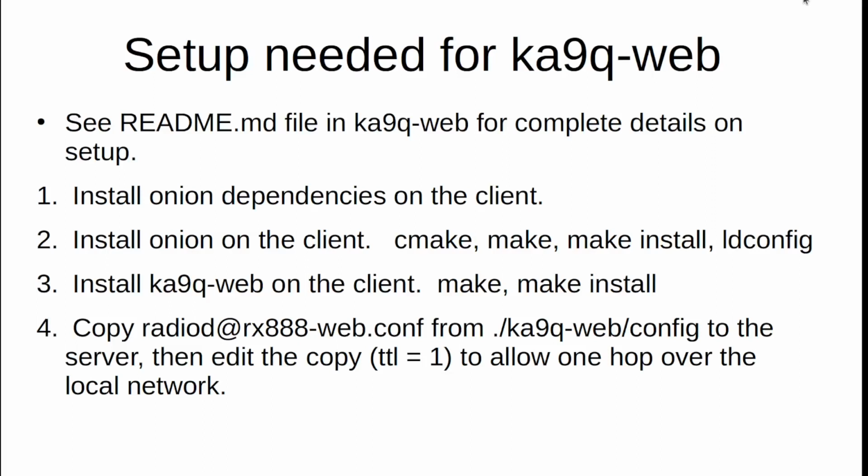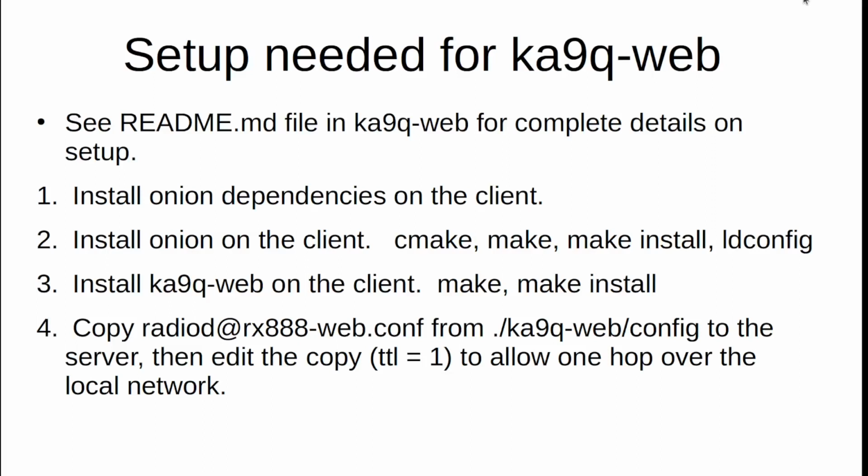Basically, we'll install the Onion dependencies on the client. We'll install Onion on the client, which will involve going through cmake, make install, and ldconfig. We'll install ka9q-web on the client, make install.